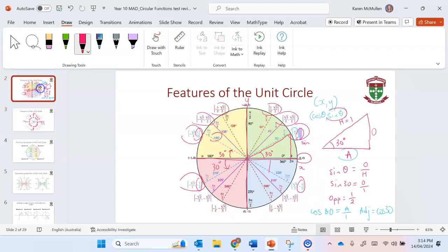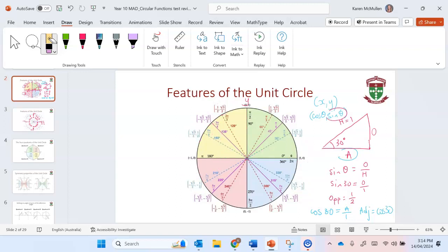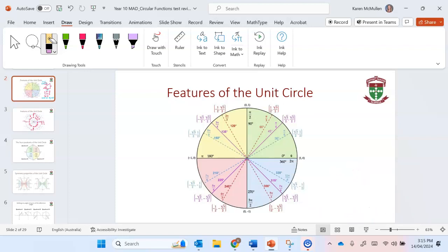Now, let's just go back to the one where we've got it filled in. I might just rub this out so we can see it a little bit better. You will notice that they are repeating because the unit circle is symmetrical. And that's why we just need to always remember our reference angles 30, 45, and 60, and the exact values that relate to them.